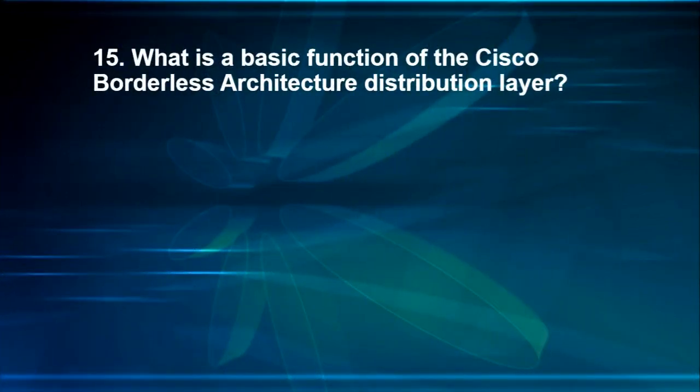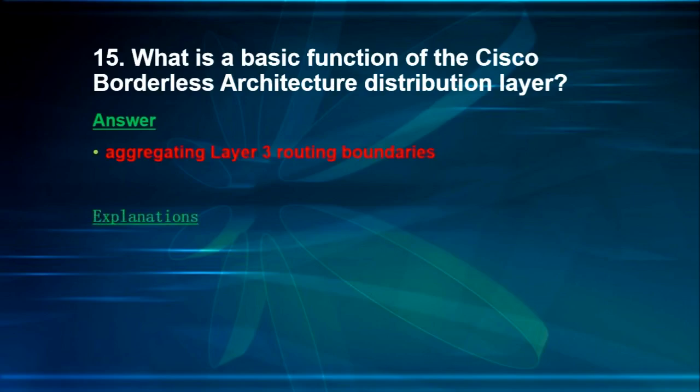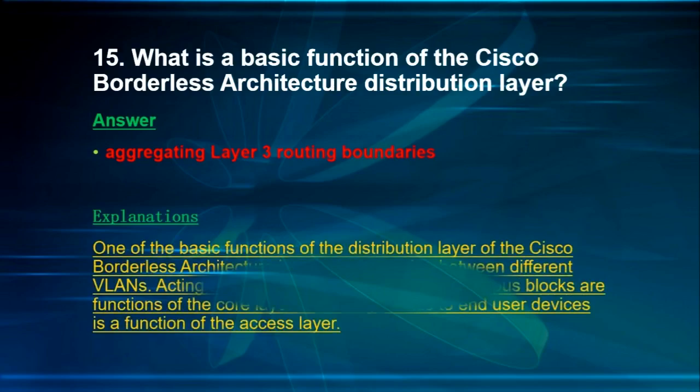Next, question 15. What is a basic function of the Cisco Borderless Architecture distribution layer? The answer is aggregating layer 3 routing boundaries. The explanation.